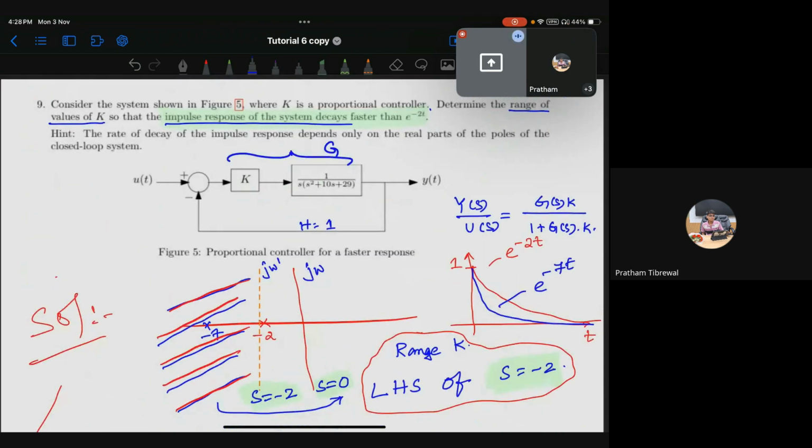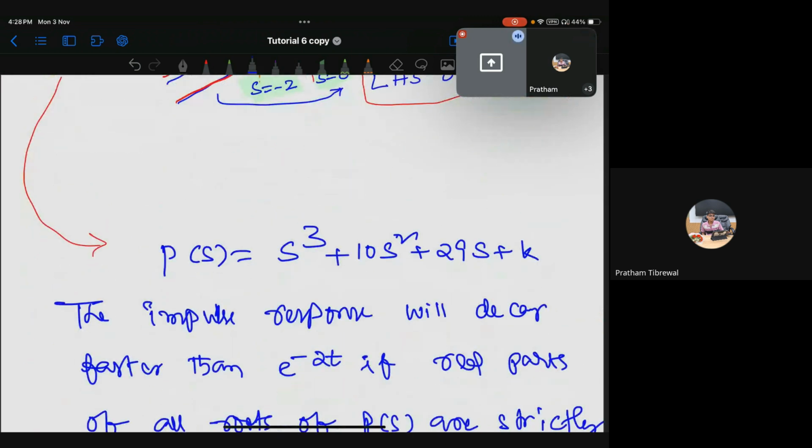So we will be finding this expression first. The closed loop transfer function is G(s)K by 1 plus G(s)K, where G(s) is N of s by D of s. Then the characteristic equation is this one.